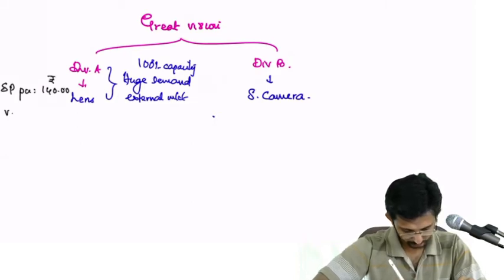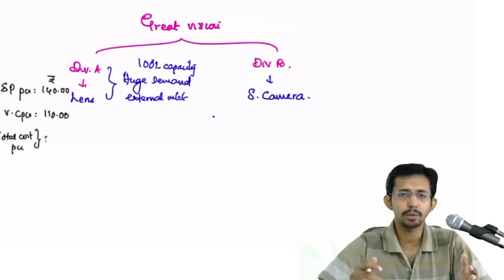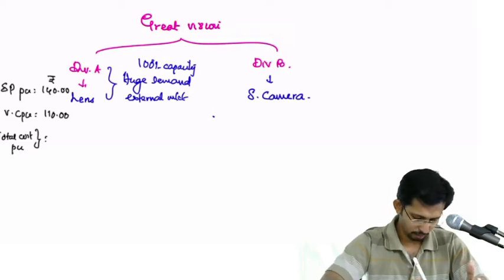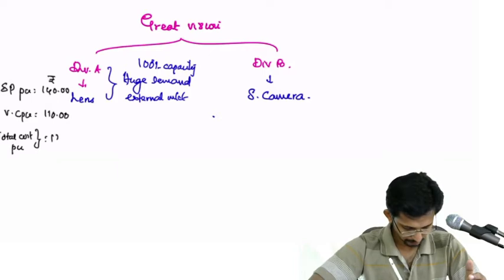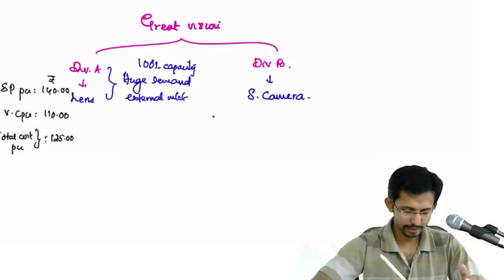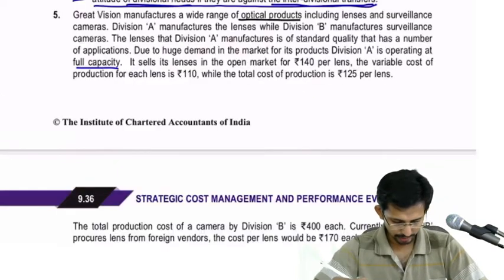Then you have variable cost per unit, that is 110, and total cost per unit, which will include variable cost plus the apportioned or allocated portion of the fixed overheads. Total cost is 125 per lens. That is the cost and revenue information regarding the lenses.